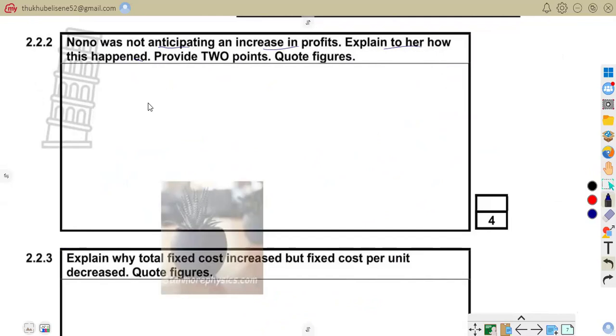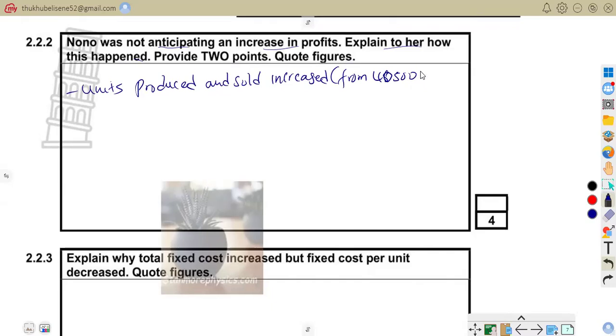So here you can say that units produced and sold increased from 40,500 to 42,000.